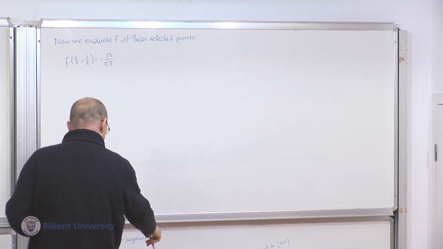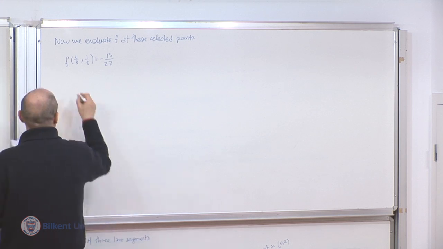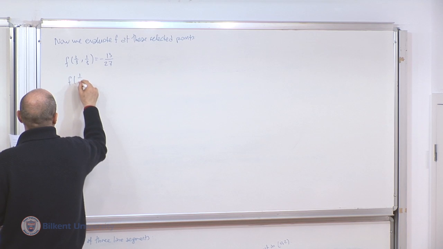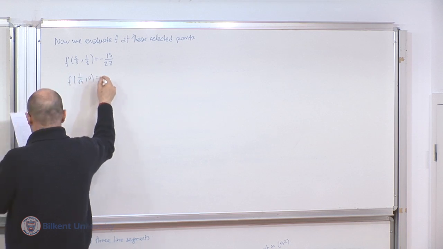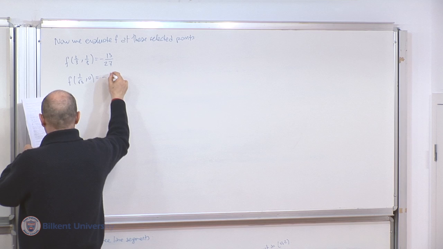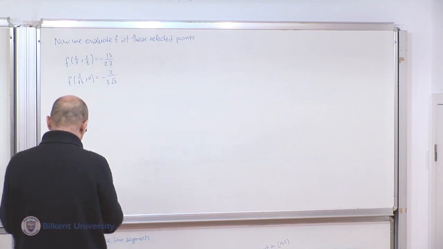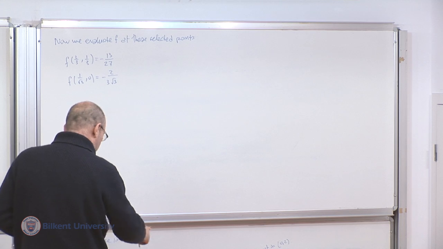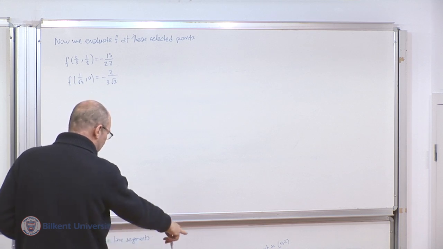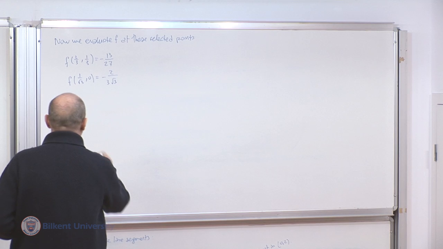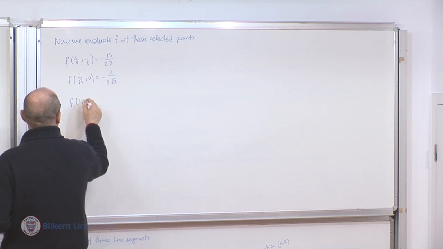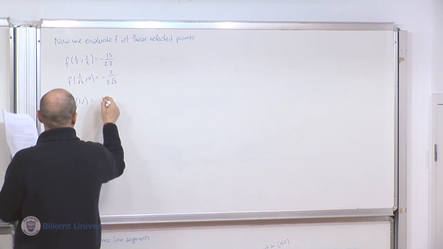And f of (1/sqrt(3), 0) is calculated to be minus 2 over 3 square root 3. Then f(1, 1) is 0.